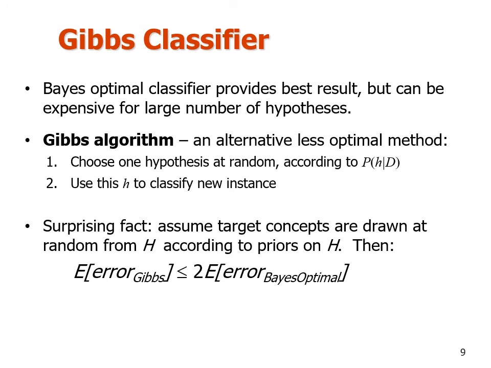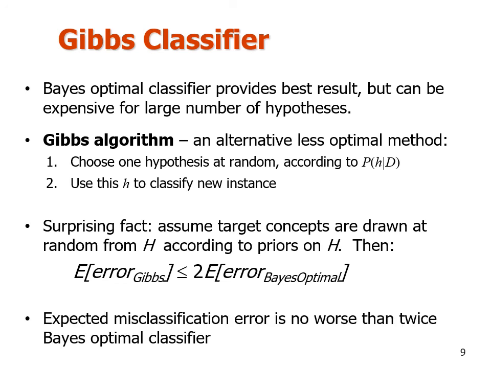That is, the expected misclassification error is no worse than twice the Bayes optimal classifier, and hence this classifier is also widely accepted and used.